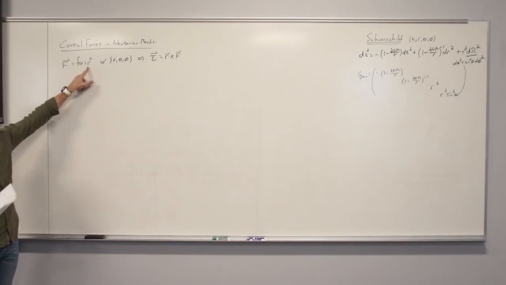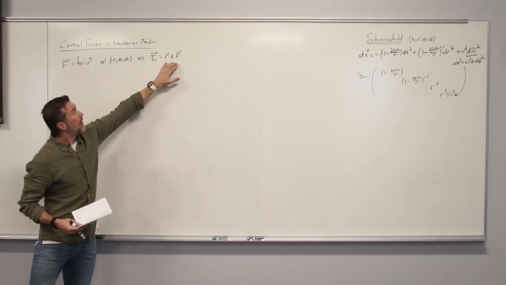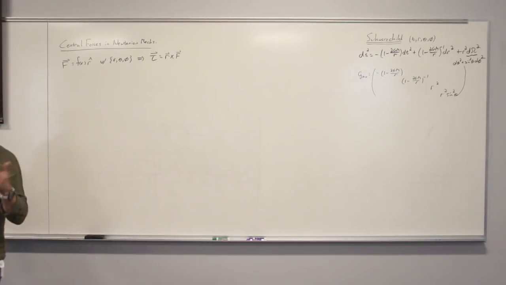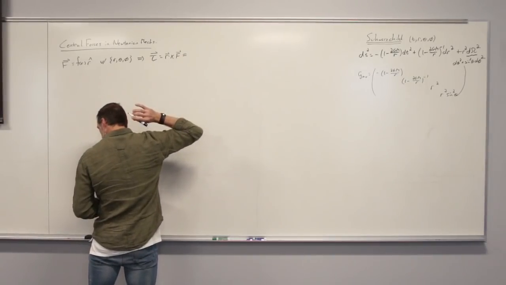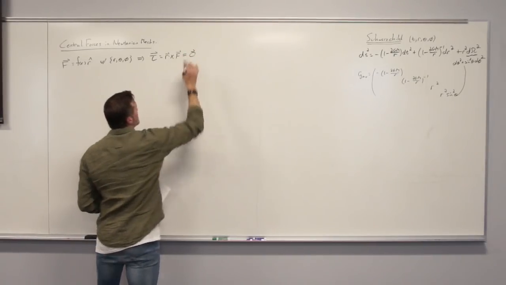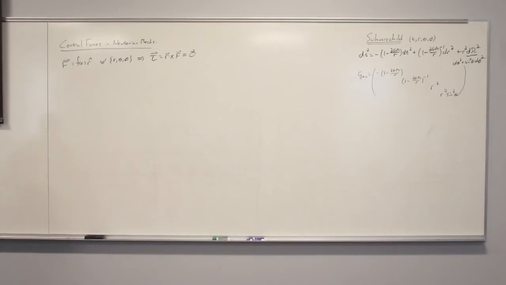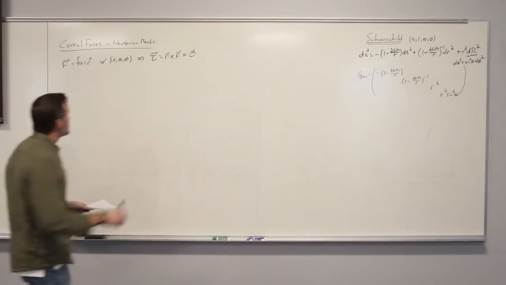It could be pointing with or against the force vector. It's typically anti-aligned. But anyway, because the r vector and the force vectors are along the same direction, then this is automatically what? 0. 0, good. Because the cross product of two vectors which lie in the same direction is 0.